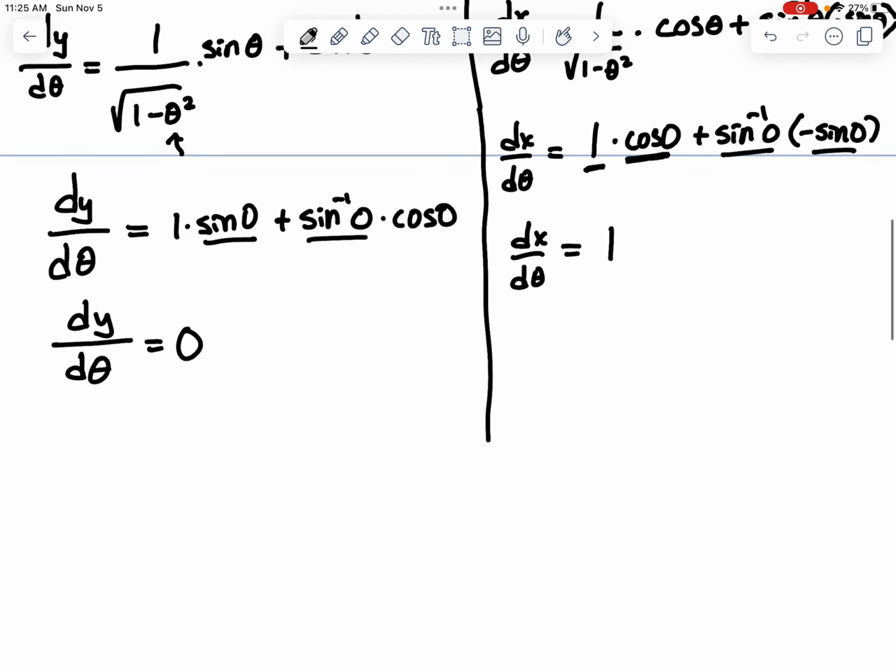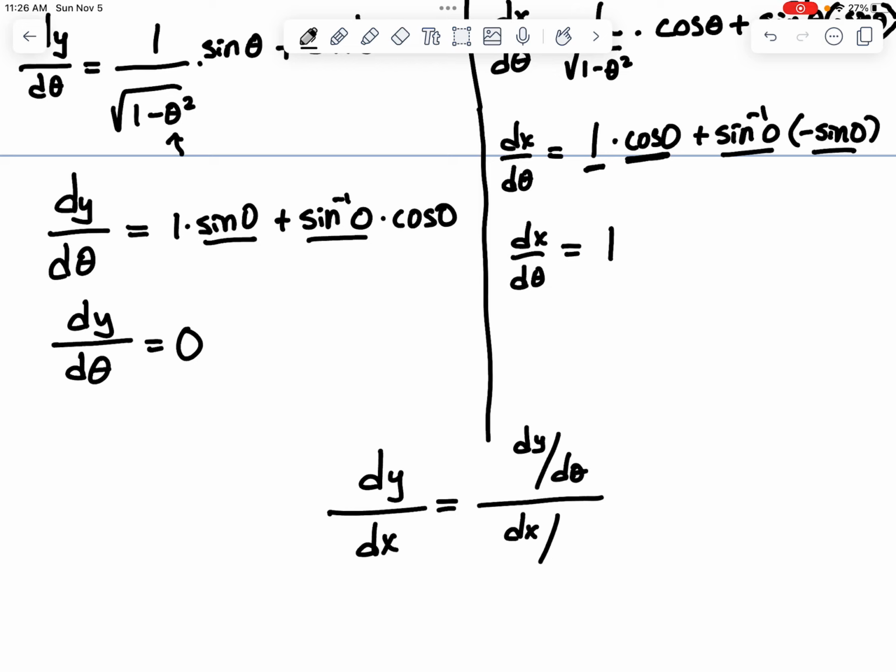Okay, so then dy dx, the slope of the tangent line, equals dy d theta divided by dx d theta, which means that the 0 goes on top and the 1 goes on bottom, and then that is defined, that means it equals 0.